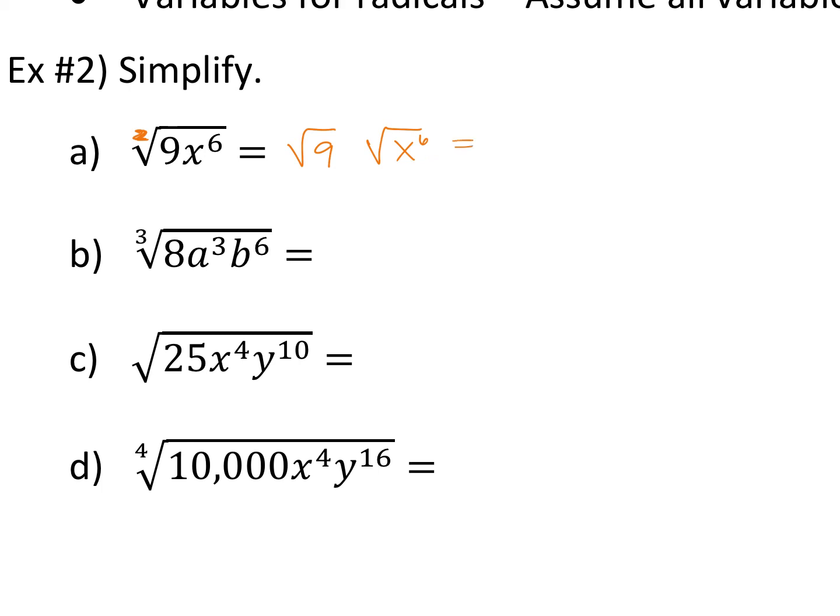What is the square root of 9? 3. Okay? Now this is the part that's maybe new to you. The square root of x to the 6th is basically saying what can I multiply by itself twice to get x to the 6th. The way you figure it out is you take your exponent and you divide by the index.